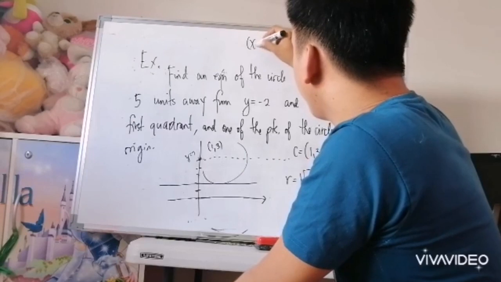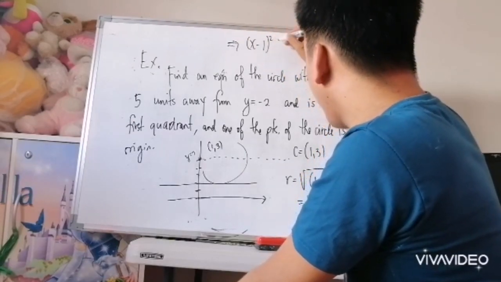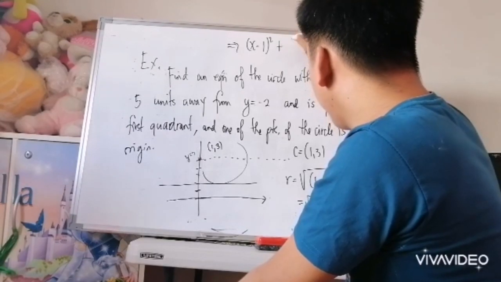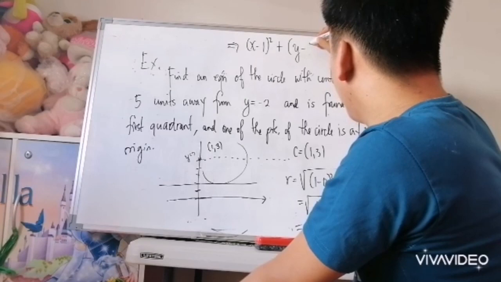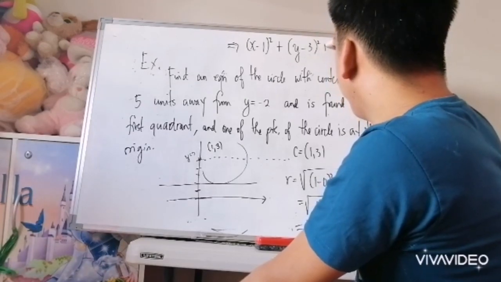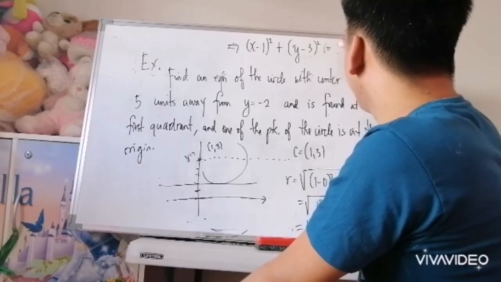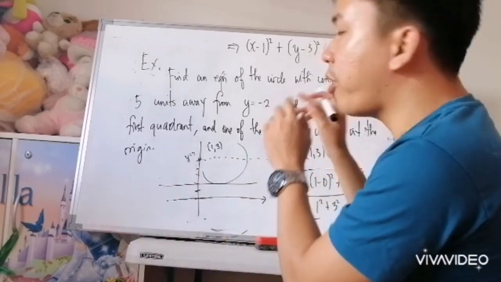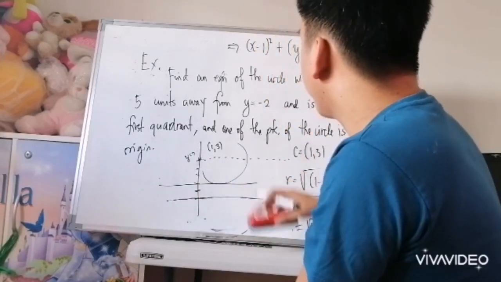Therefore, my equation of the circle is (x - 1) squared plus (y - 3) squared equals 10.